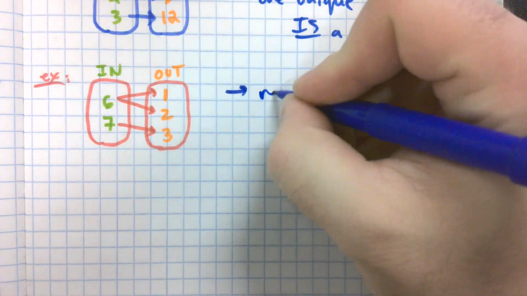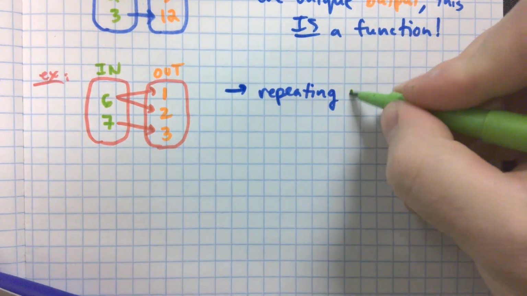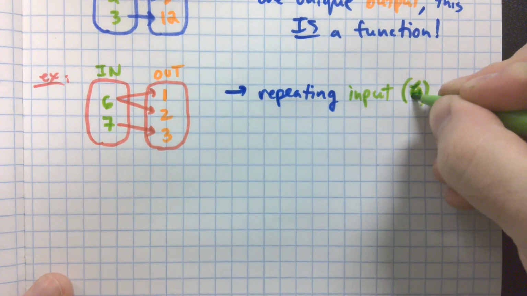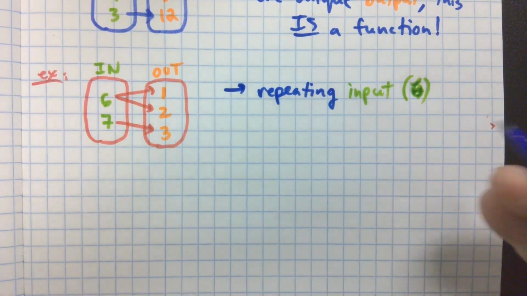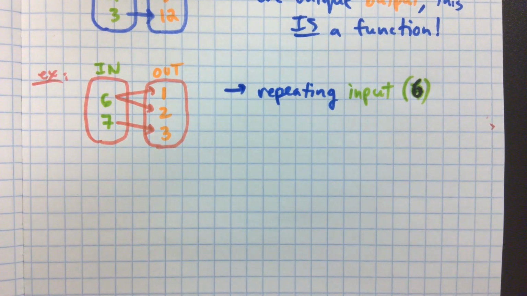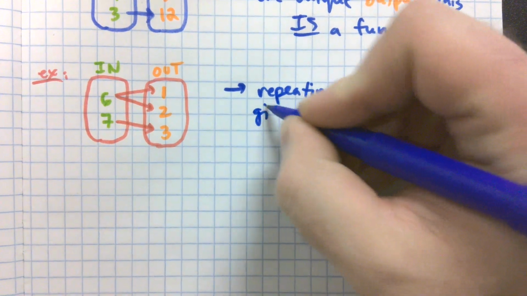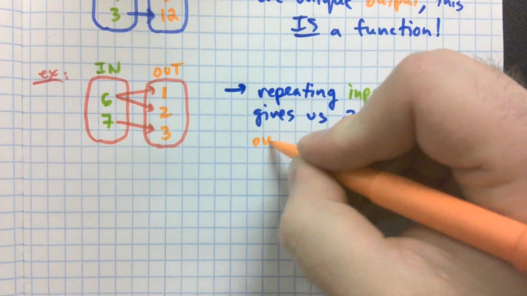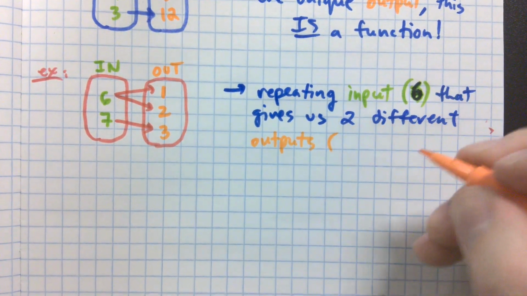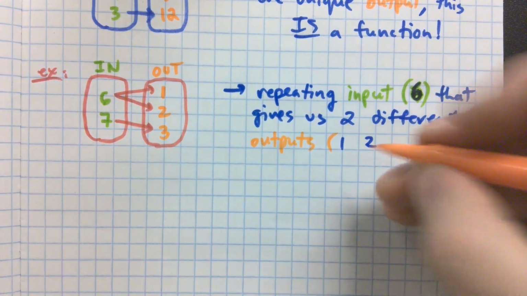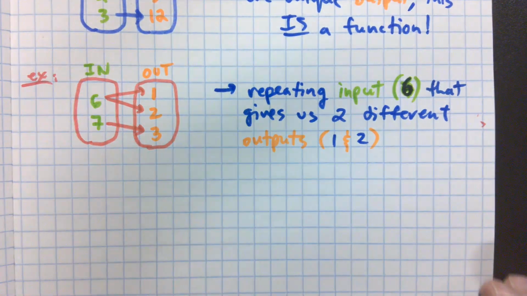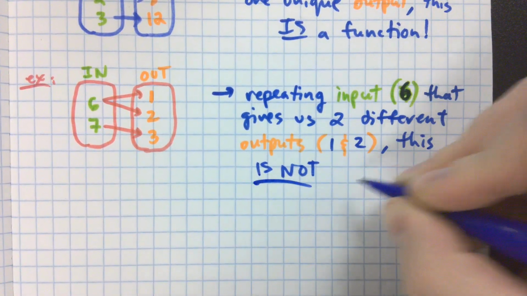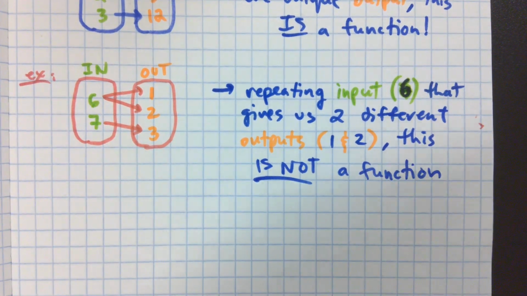With a mapping diagram like this, we have a repeating input of 6 that gives us 2 different outputs, 1 and 2. Therefore, this is not a function.